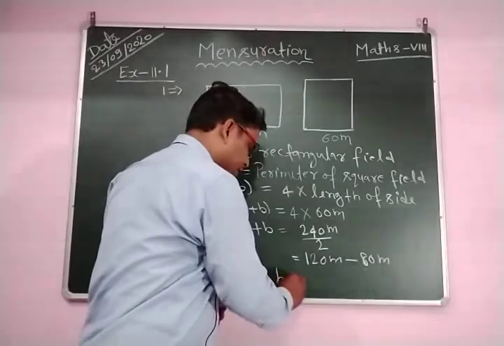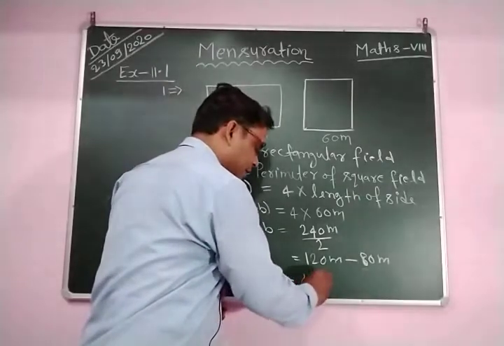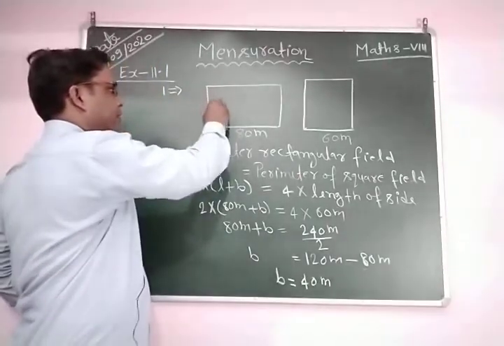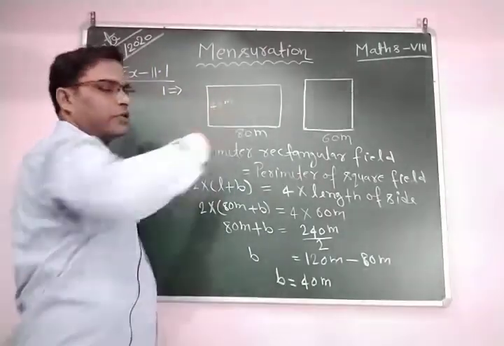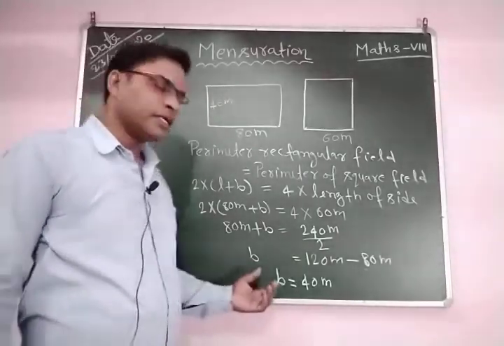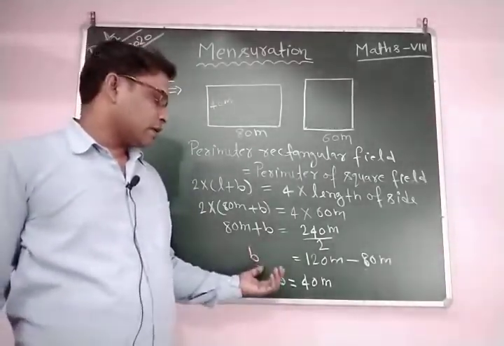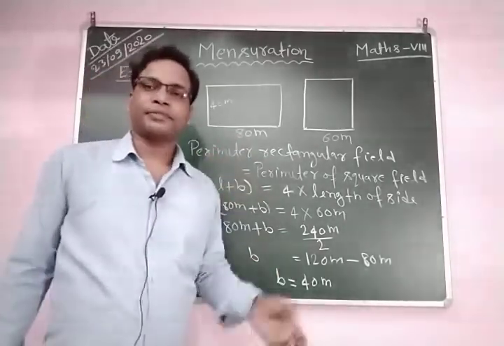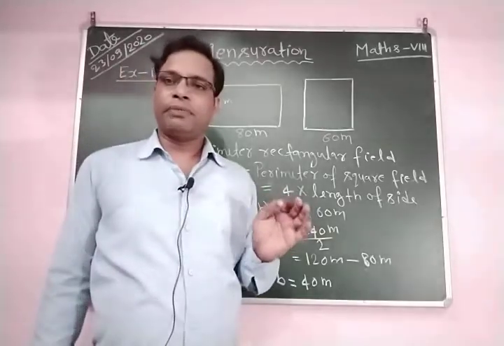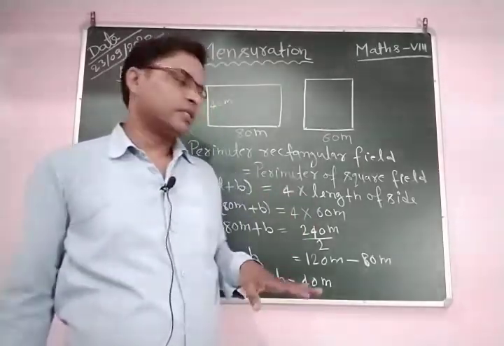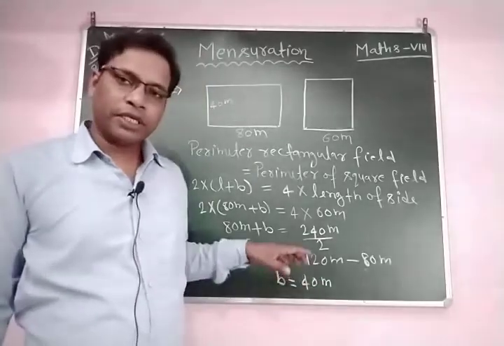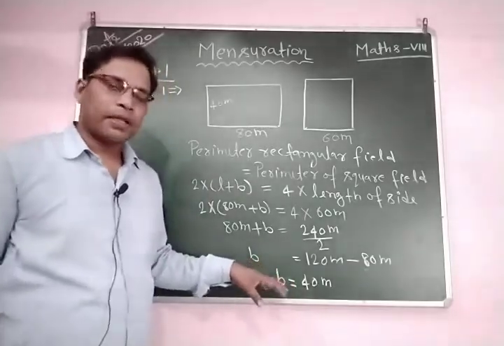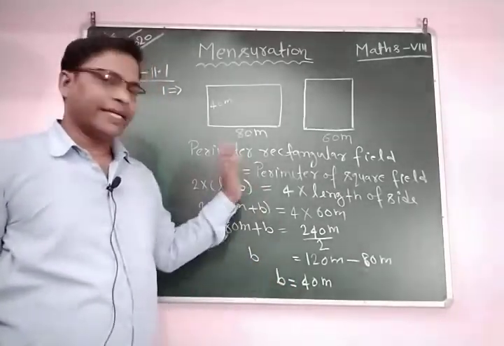So in this way you find the breadth of the rectangular field is 40 meters. For this, the condition given is that the perimeter of the square and the perimeter of the rectangular field are equal. We needed to find the breadth, so we used this condition.